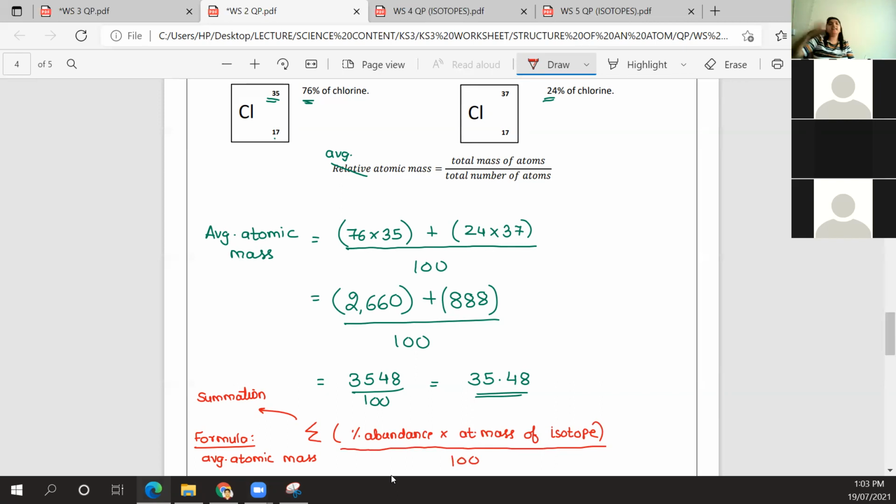If there are 3 isotopes, 3 percentage abundances will be given to you and you have to multiply each with its respective atomic mass, and that will give you the average atomic mass. Please copy this. This sign is called summation.